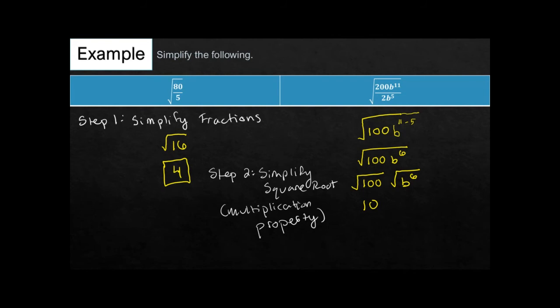So the general rule is this is a square root, which means that there's basically a 2 on the outside. And so we want to rewrite this as powers of 2 so that we can cancel things out. So we've got b to the 6th, but we want powers of 2 since it's a square root.